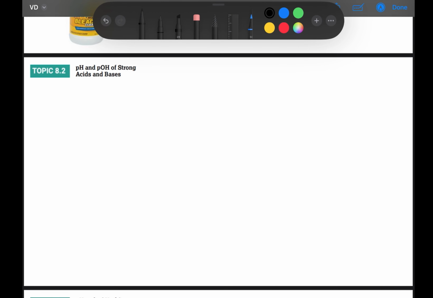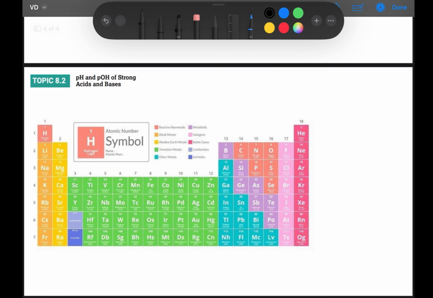All right, since we covered the strong acids and their ability to dissociate completely in water, it's time to talk about the strong bases. So the strong base has the same definition. It's a substance that dissociates fully or completely in water, in addition to producing hydroxide ions. We have so many strong bases, by the way.